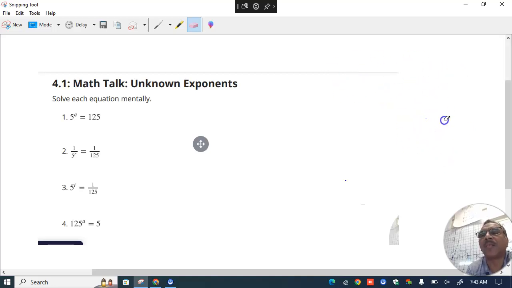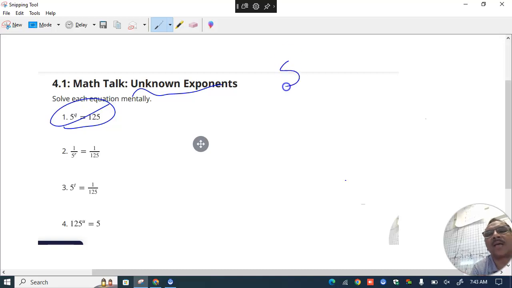The first one is you're supposed to do this mentally. What is the unknown exponent? The first one is 5 raised to q equals 125. So what is q?